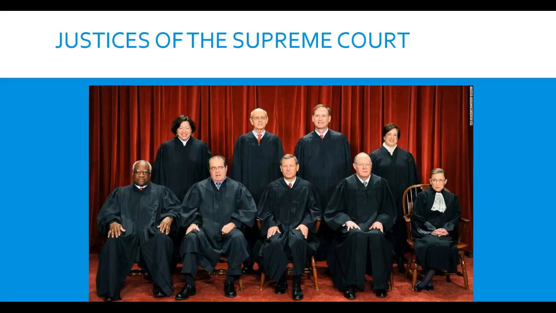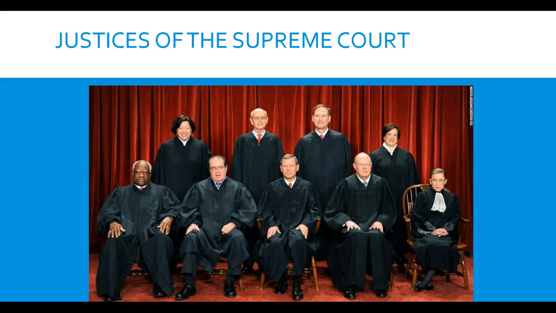The Supreme Court is, of course, the highest judicial body in the United States. Its membership consists of a Chief Justice and 8 Associate Justices. The justices are nominated by the President of the United States and appointed after being confirmed by the United States Senate.